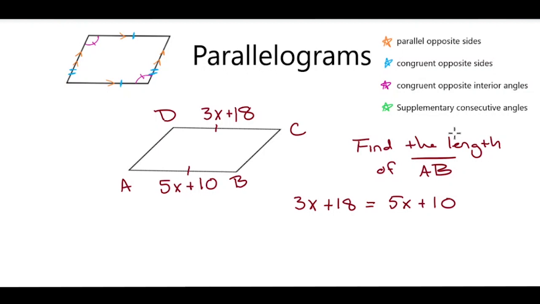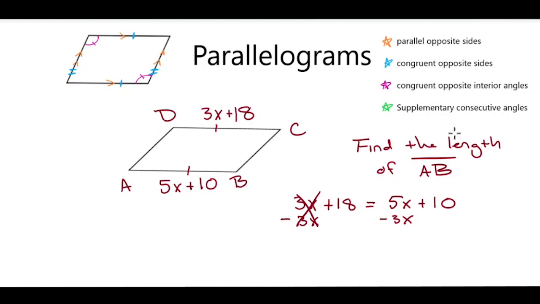So what I'll do is I'm going to look for the variable with the highest coefficient, and that would be the 5x. So I'm going to move my variables to the right side. So that means I'm going to subtract 3x here, subtract 3x here.